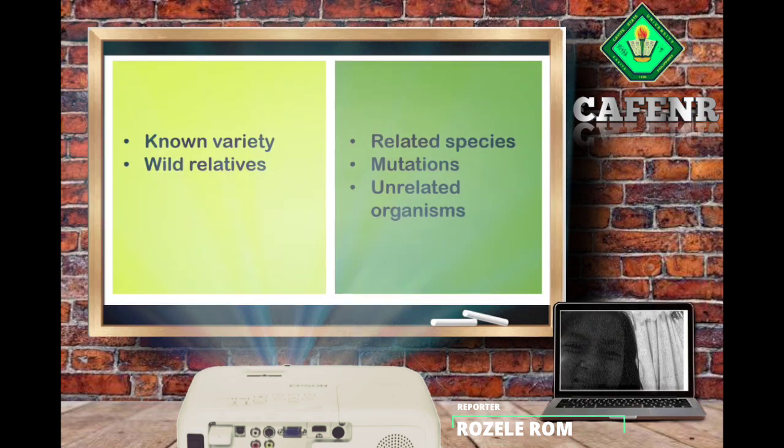Know the variety. Then wild relatives. Species may be the source for multiple disease resistance. Screening of wild crop relatives can capture the highly effective form of multiple disease resistance. Then the related species, mutation, and unrelated organism.